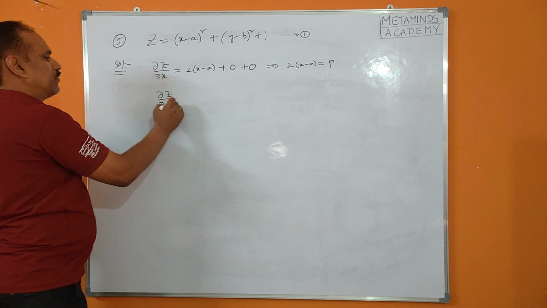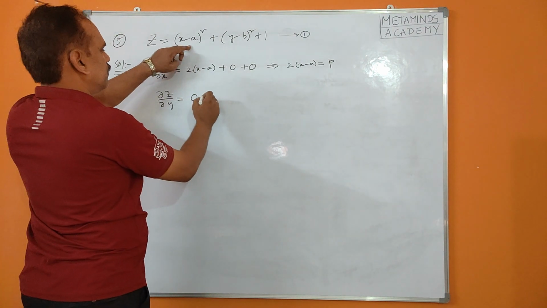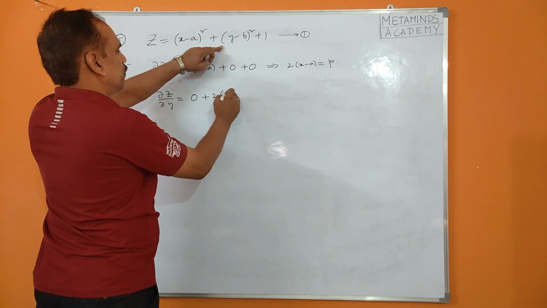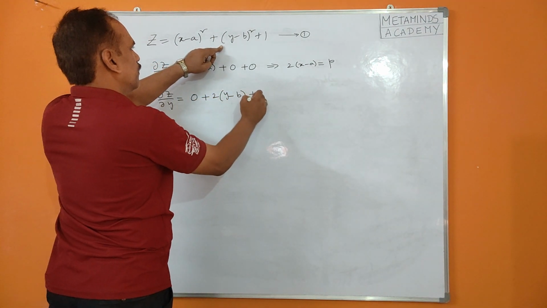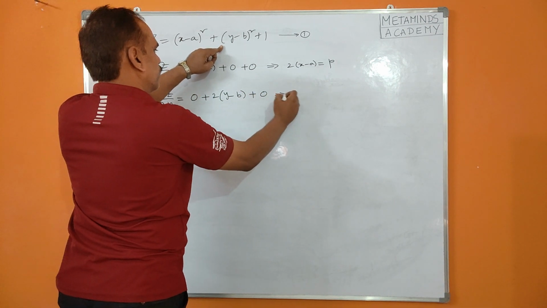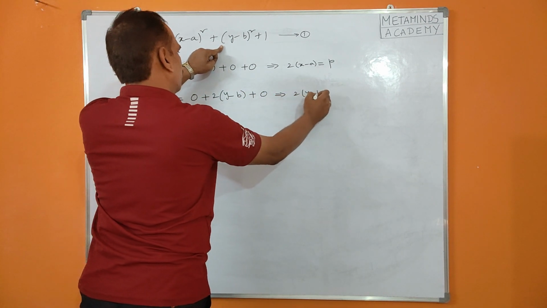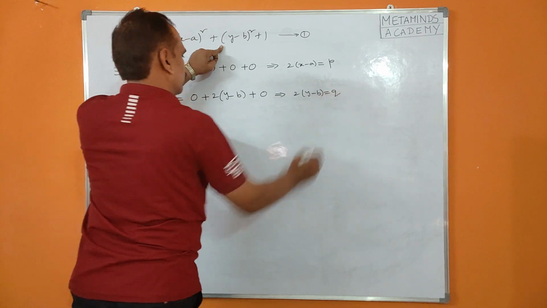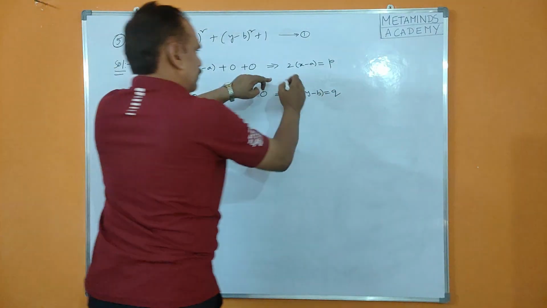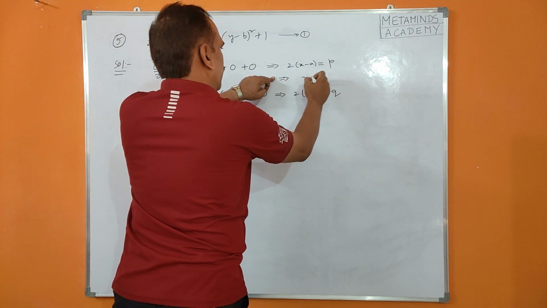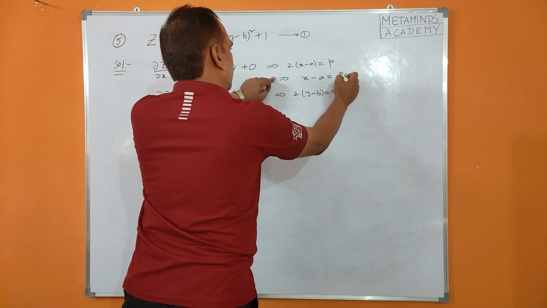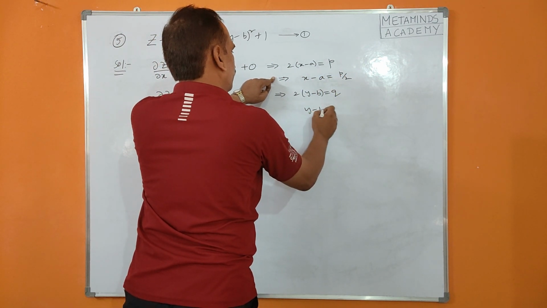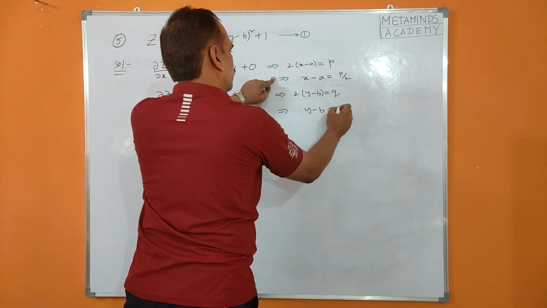Similarly, dou z by dou y equal to 0 plus 2 into (y minus b) plus 0. From this, 2 into (y minus b) is q. So from these two, x minus a is p by 2 and y minus b is q by 2.